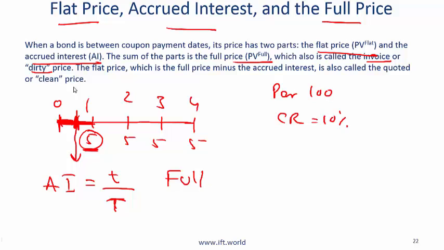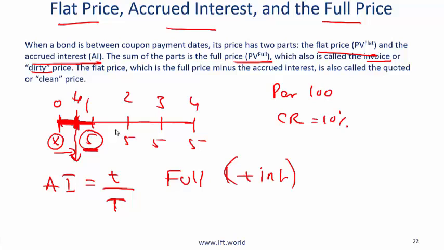The way we calculate the full price here is we come up with the present value of all future cash flows at this point, and then move this number forward by taking the price over here, and then we do 1 plus the interest rate, whatever the appropriate interest rate is, raised to the power of this period in years.